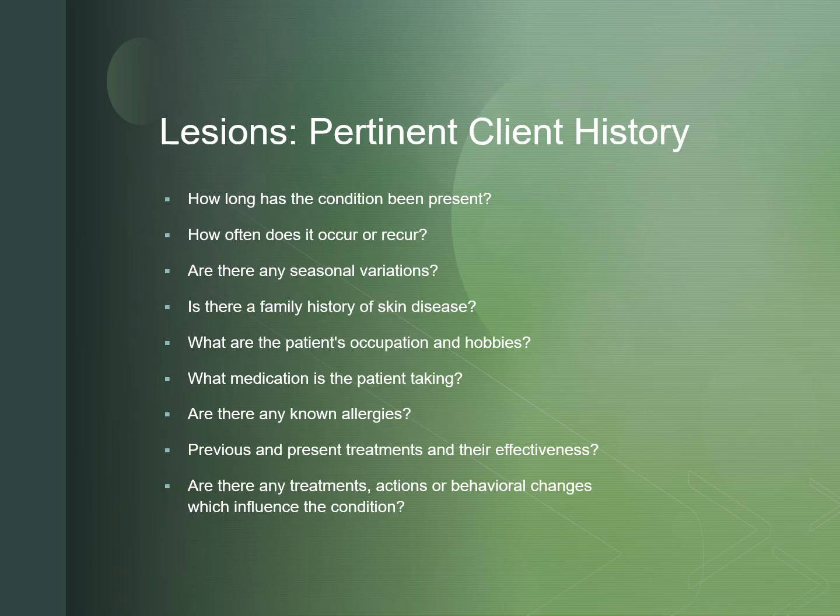We want to ask about family history, any skin conditions in the family, because many conditions like psoriasis or eczema have a genetic component. And then occupation and hobbies. This can be huge for identifying any exposures, like chemicals, irritants, or outdoor exposures to plants or the sun. So like contact dermatitis or environmental causes.